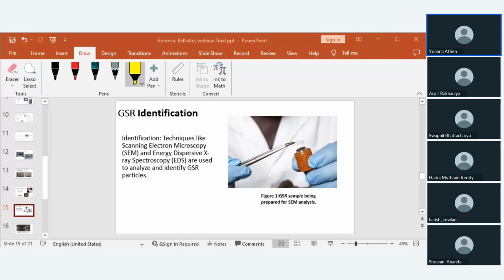Perhaps most importantly, SEM is a non-destructive technique. This means that evidence can be retained for further analysis if necessary, ensuring that the integrity of the sample is preserved.